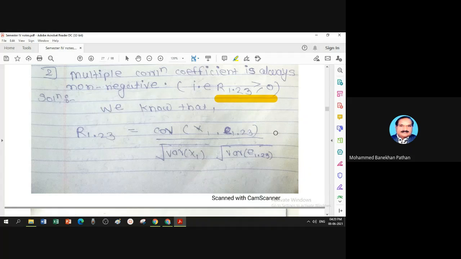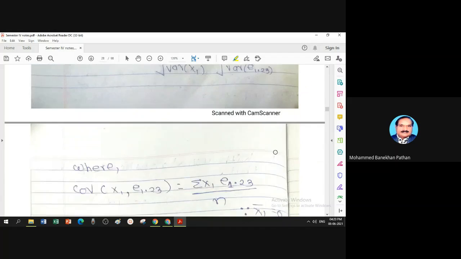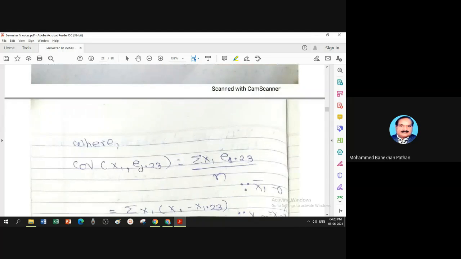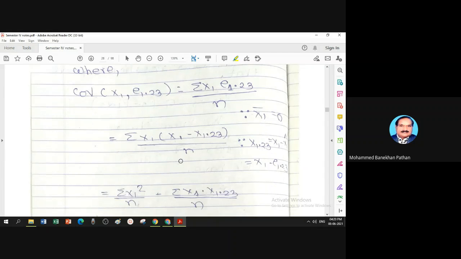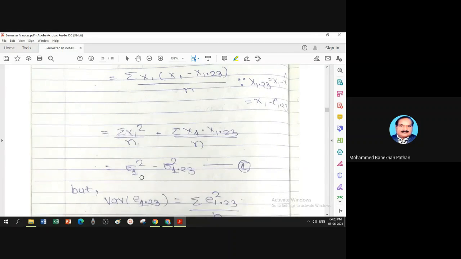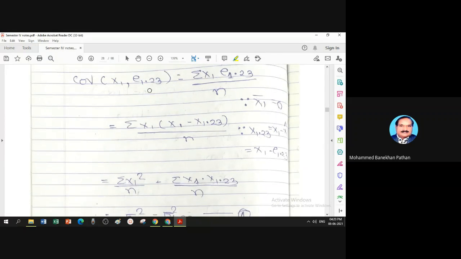This is the definition of the multiple correlation coefficient, where the covariance of x1 and E1.23 we derived in the derivation of capital R1.23. E1.23 is nothing but x1 minus the residual. So this is sigma square 1 minus sigma square 1.23. What does it stand for? It stands for the covariance. That is the numerator quantity.